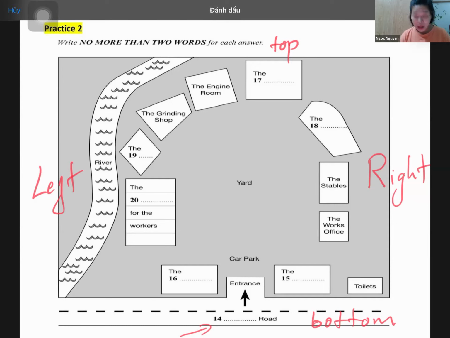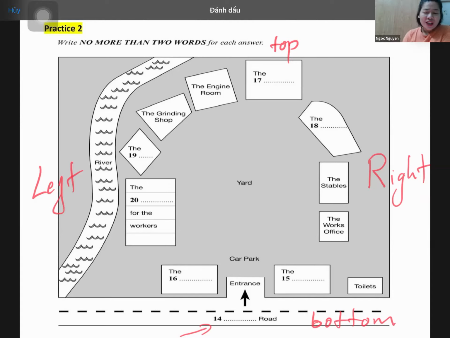Number 19. 19 is the left. And grading shop. It is the left, it could be top left. And the toilets. Toilets are bottom right. Yes, bottom right, exactly.